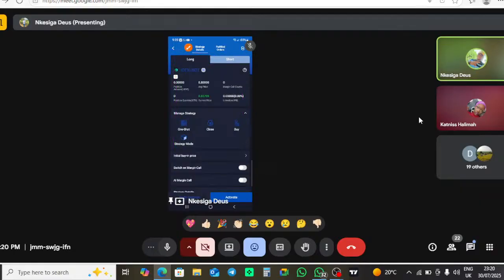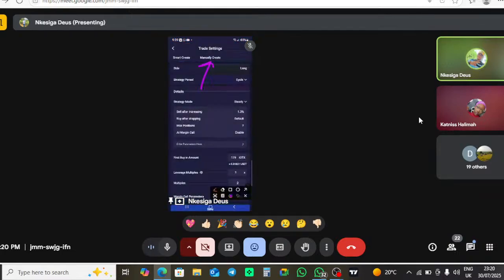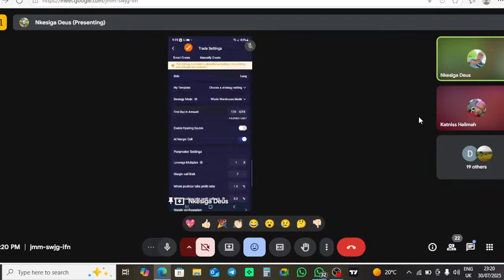So from there, I come here on trade settings. I come here again, manually create. I write there. Now you can see that we have $5, and now this 5 you must divide by the leverage.